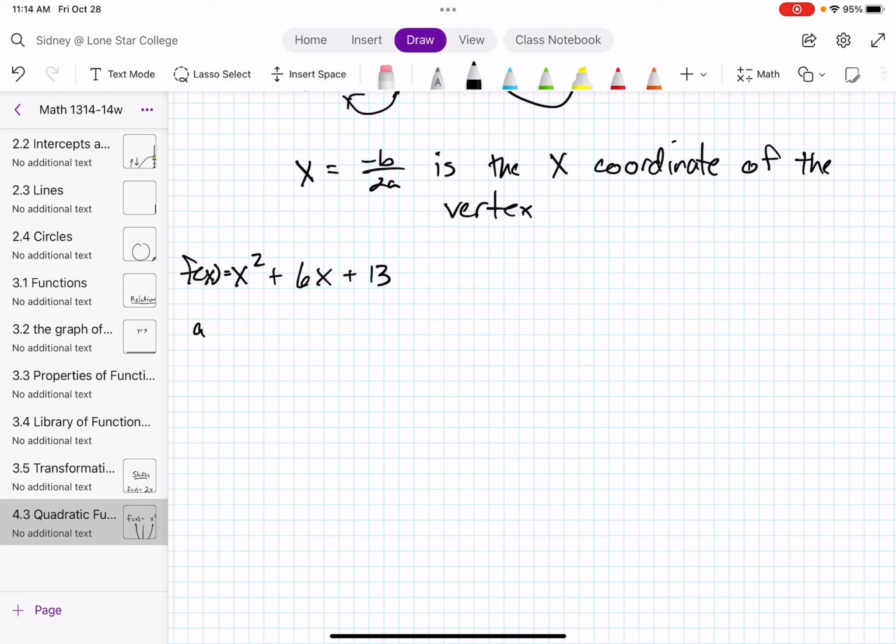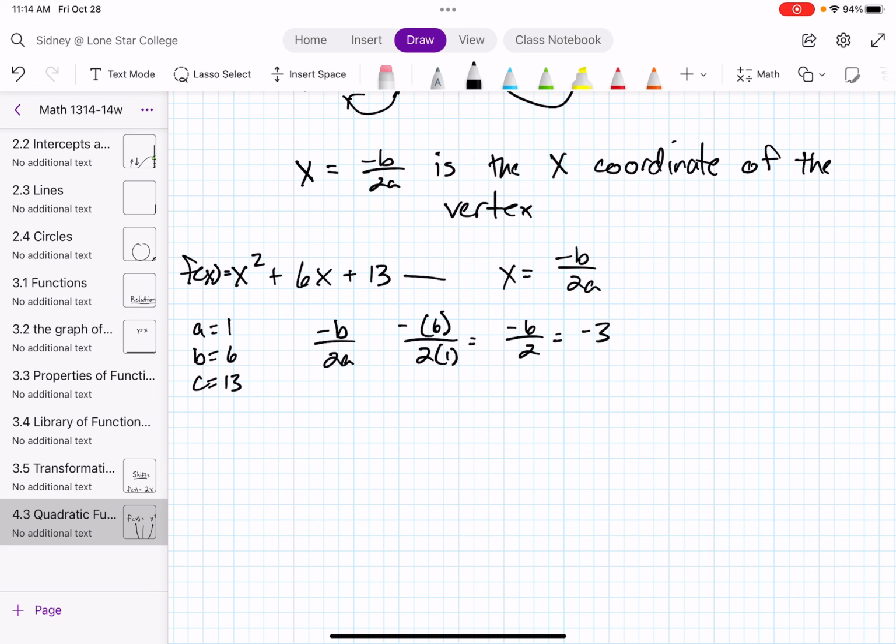If I think about a, b, and c, which I guess we don't need c for our formula, x equals negative b over 2a, a is 1 for this case, b is 6, and c is 13. So when I look at negative b over 2a, that is negative 6 over 2 times 1, which gives me negative 6 over 2, which means the x-coordinate of the vertex for this parabola is negative 3.